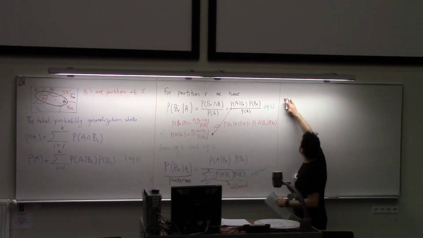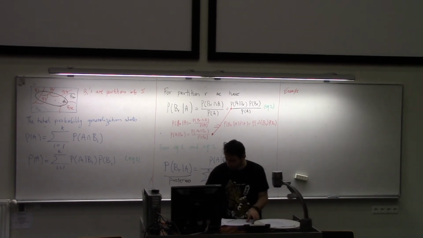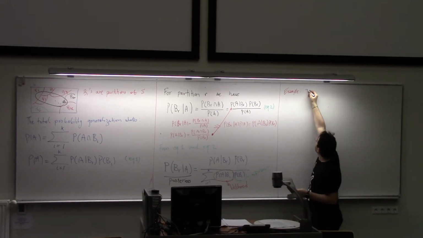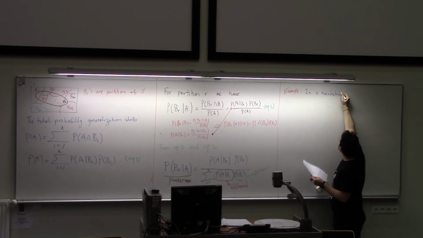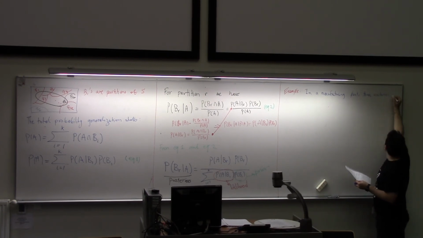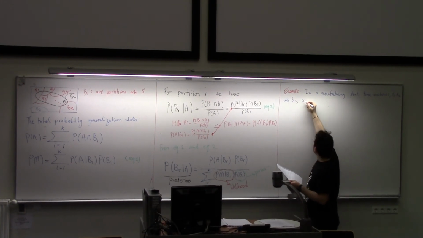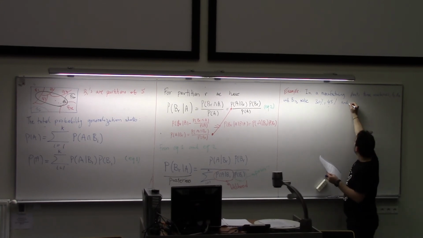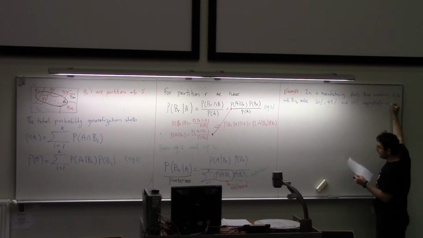Well, let's do an example to see how we can use this formula. In a manufacturing plant, 3 machines known as B1, B2, and B3 make 30%, 45%, and 25% respectively of the products.